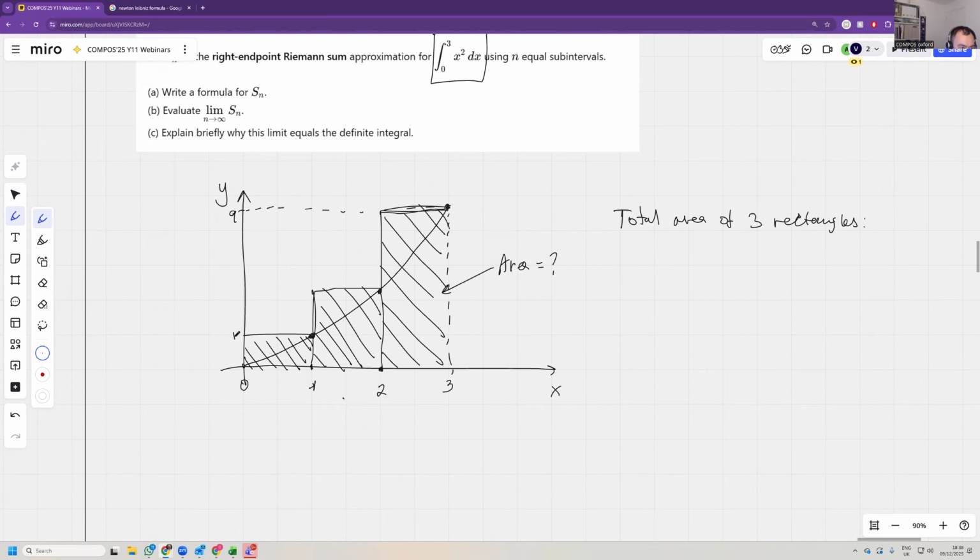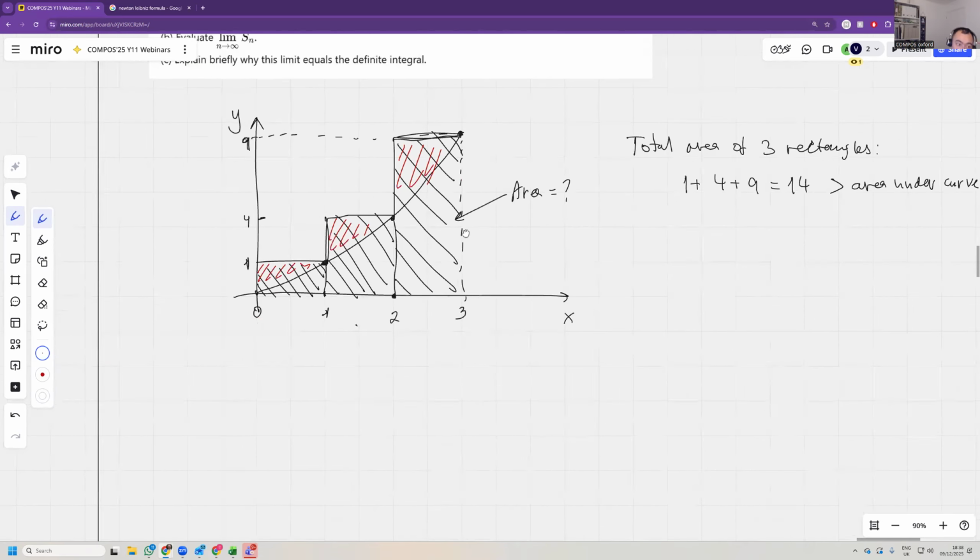We know that this is 1, this is 4, and this is 9. So it's 1 plus 4 plus 9, and that's 5 plus 9, that's 14. We know that it is bigger, more than the area under the curve, because of these extra bits here.